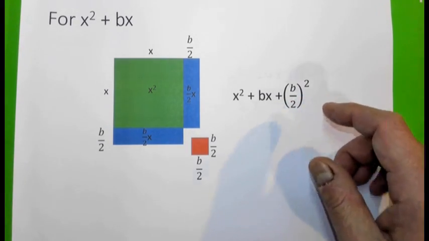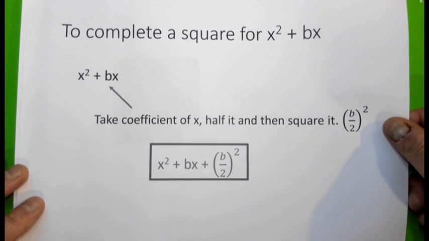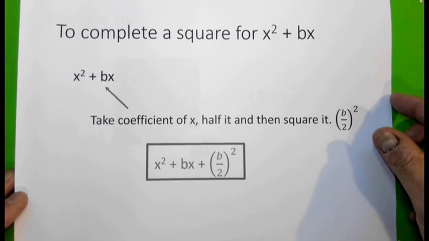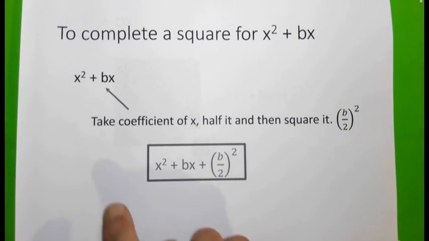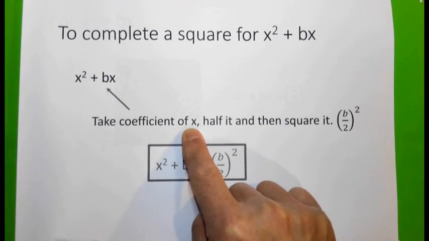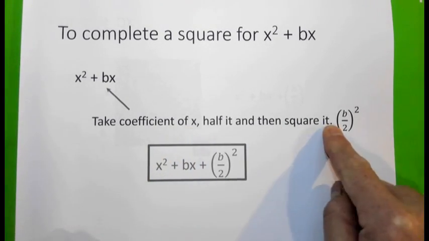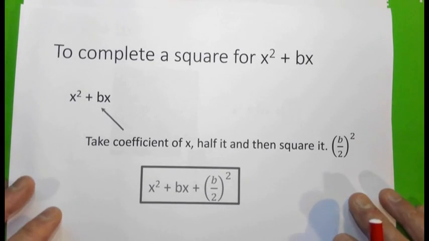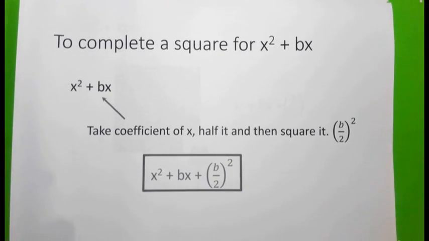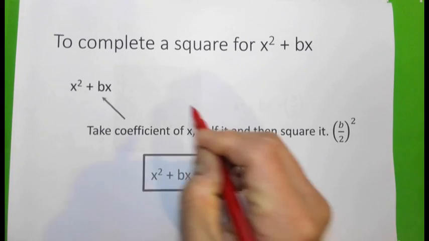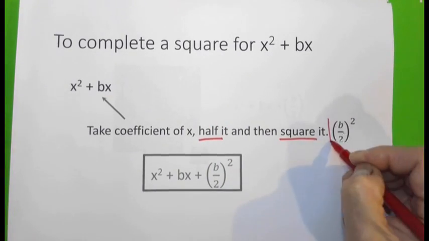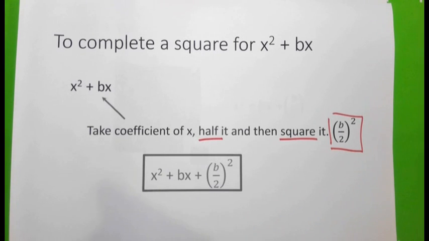Now, this is the bit you actually have to write down. To complete the square for x squared plus bx, you take the coefficient of x, halve it, and then square it. Okay? So, half of b and then square it. And then we rewrite the expression as x squared plus bx plus (b over 2) all bracket squared.